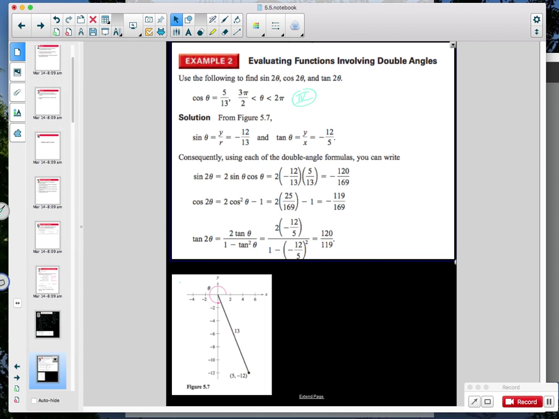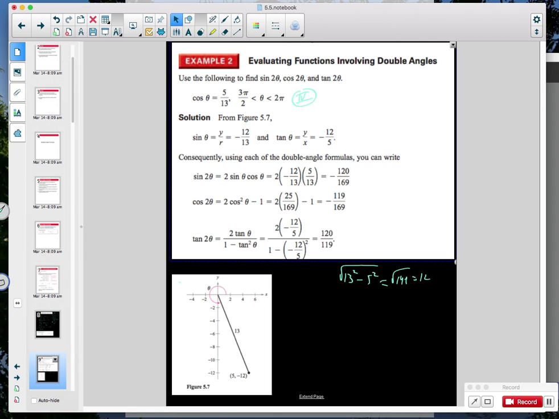I have 13 squared, which is the hypotenuse, minus 5 squared equals 169 minus 25, which is 144, and the root of 144 is 12.